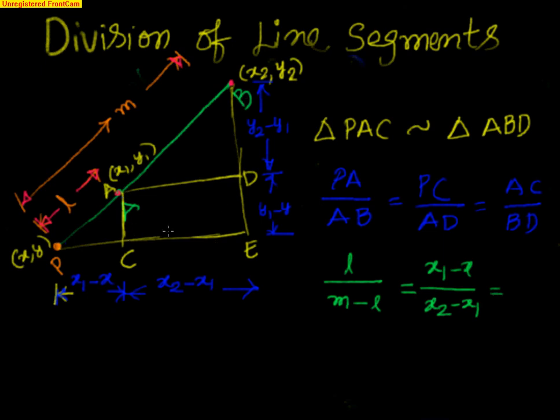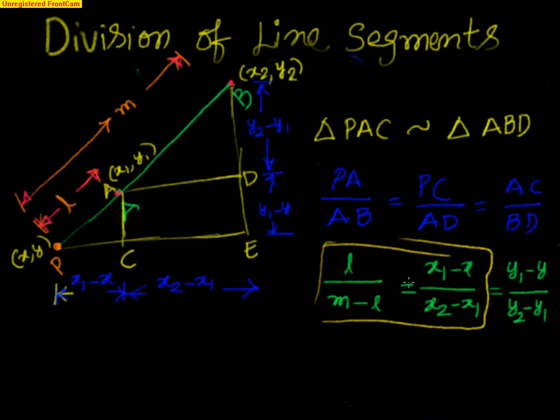AC is this vertical distance, y1 minus y divided by y2 minus y1. Now we will calculate the x coordinate automatically. Based on that you can do the y coordinate. I will do it for x, you can do it for y, but we will be using this equation. Let me start and do that. Okay, I am taking only this part. You can go ahead and do this, equating with this to find out the y coordinate.